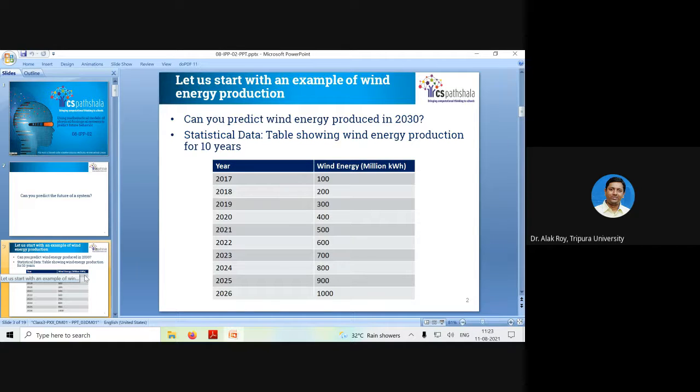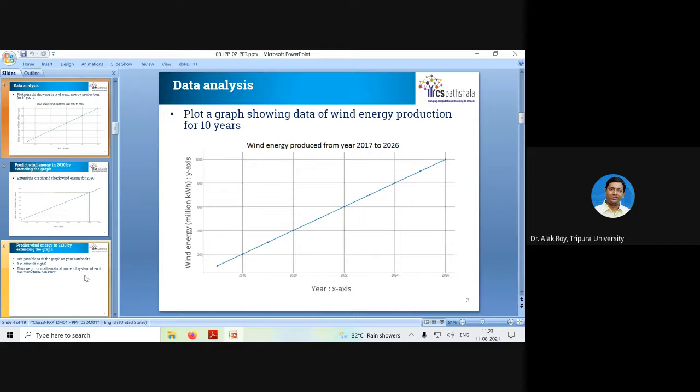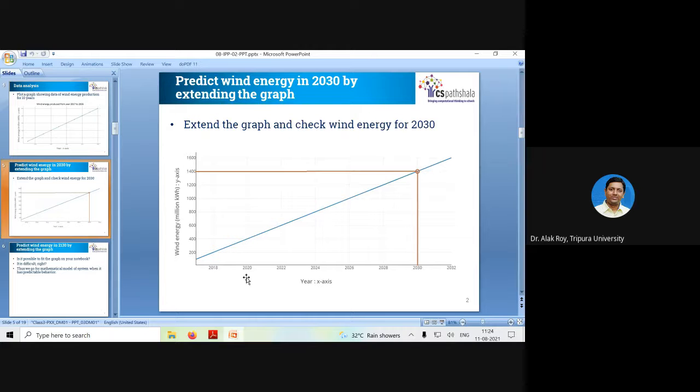So in class 8, the summary is that students should be able to find the future answer depending upon the past or previous answers. Try to teach them developing logic. For data analysis, like plotting a graph showing data of wind energy prediction, depending upon the present value, the future value can be predicted.